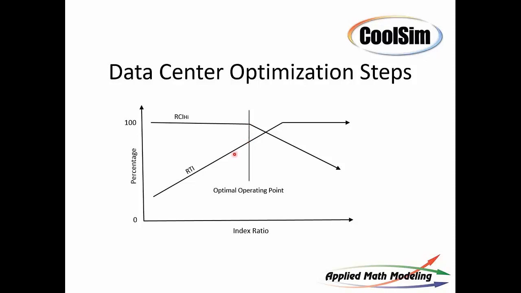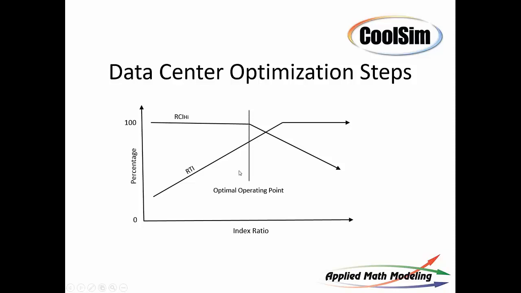Now you don't want to go until RTI goes beyond 100%, because now you're literally starving the situation. You're not providing it enough air, and it has no choice but to recirculate on itself. But as you go up, you'll get to a point where RCI begins to decline, and the optimal point is really right about there. You don't want it to decline, or if RTI gets to 100, you can stop there too.